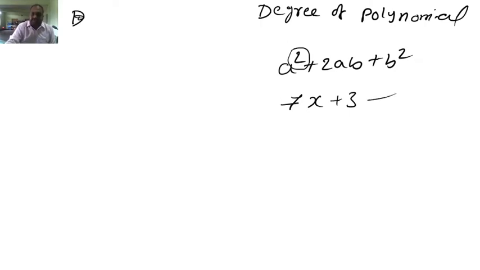All monomials, binomials and trinomials, all the algebraic expressions are called polynomials. 7x plus 3, it is a binomial and also called a polynomial. X coefficient is 7, its degree is 1. So whose degree is 1, such type of equations are called linear equations.